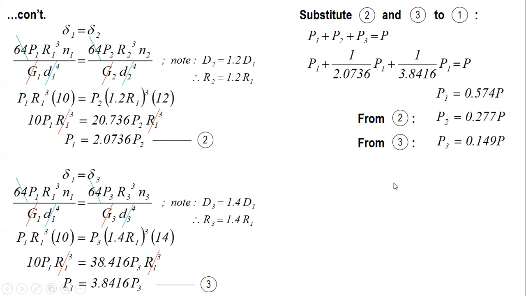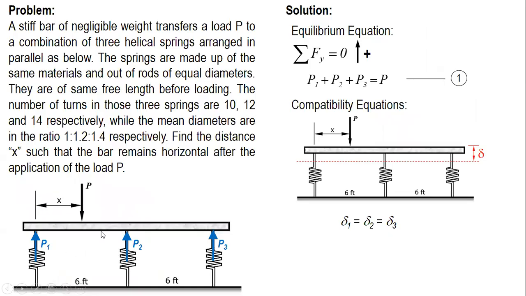Okay, so after this, we sum up moment about spring 1. Now, P2 is in terms of P. P3 is already in terms of P. So when you sum up moment about point 1, P will be cancelled out. So we only have x as our unknown.